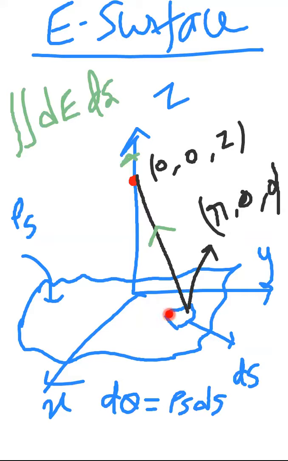In a cylindrical coordinate system, that is r comma theta comma z, or r comma phi comma z. Anyway, in the base plane z equals 0, and you can go anywhere on the surface.